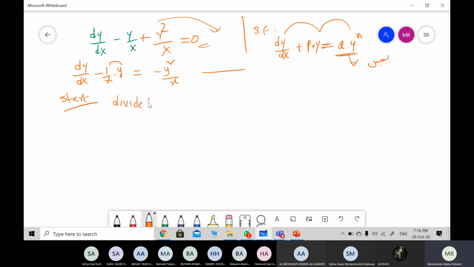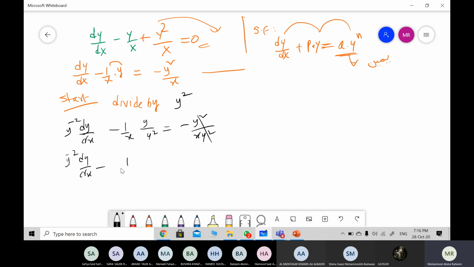Step 1, divide by y power 2, that is y power minus 2. y over y square. Okay, now clarification. Now take this as z, and then the differentiation will replace this. Then it will become linear in z.